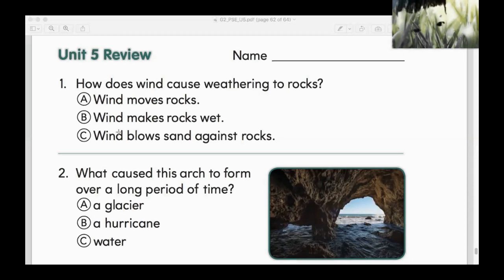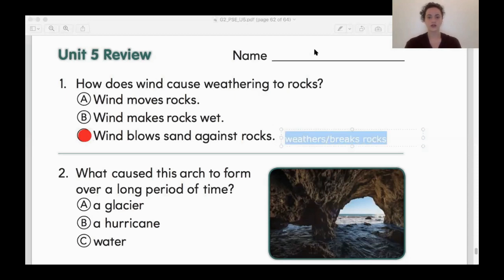Sand against rocks. Okay, yes, the wind blows sand against the rocks, and this weathers or breaks rocks. Let me change the color. This weathers or breaks the rocks when the wind blows sand against it. Everyone give yourselves a check or an X. Number 2, Potato.